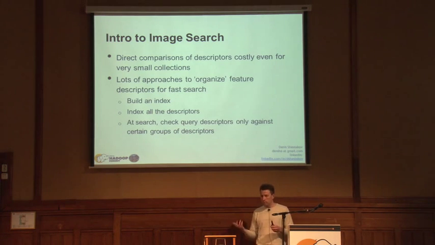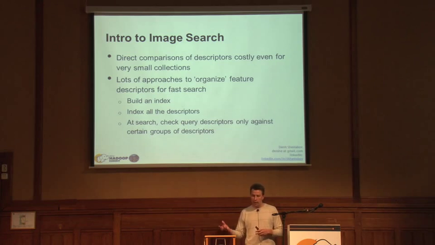Essentially, what you can do is simply organize the descriptors representing your collection in a sort of indexed structure. It's the same idea that works for text search. For textual documents, you also calculate the occurrences of terms in these documents.